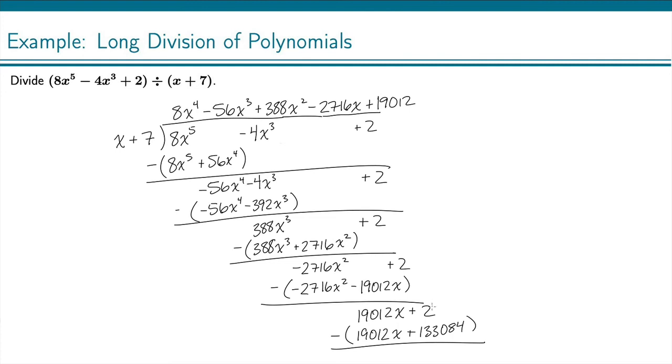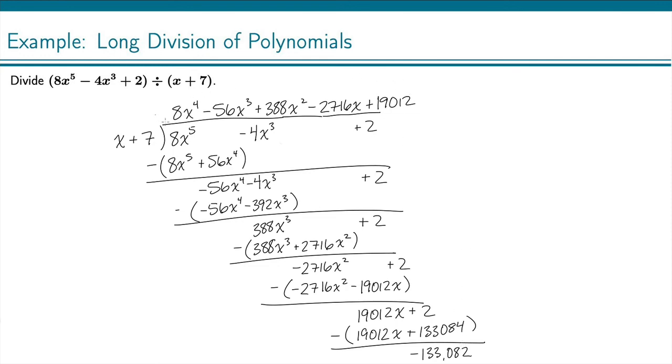First term cancels. 2 minus that gives us negative 133,082. That is a constant, has a degree less than 1, so we are done, and that is our remainder.